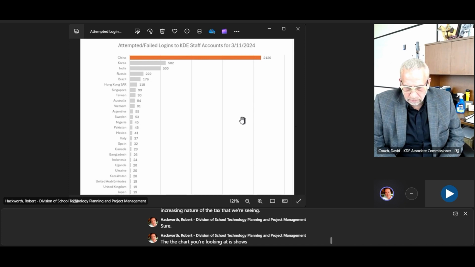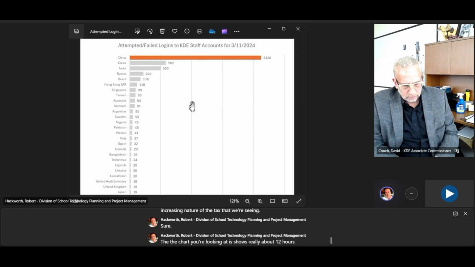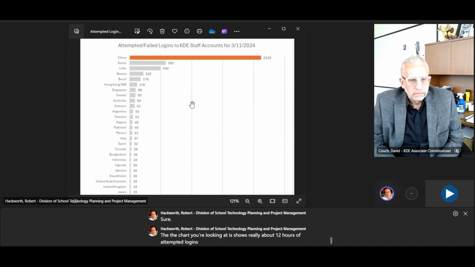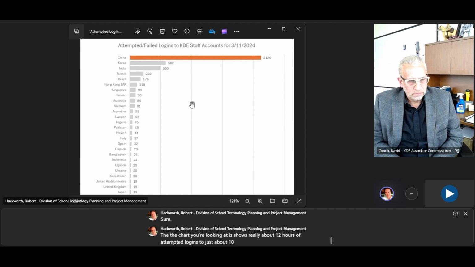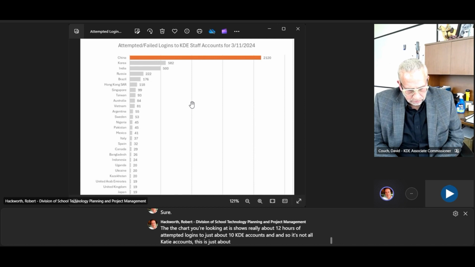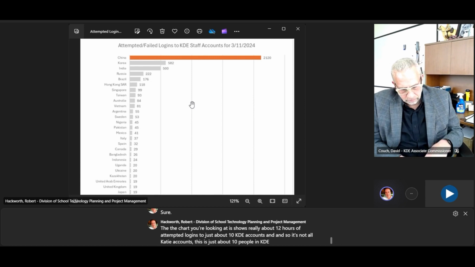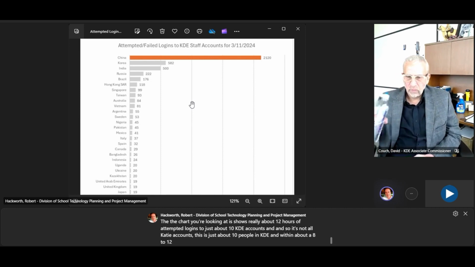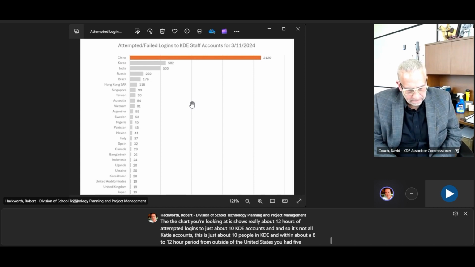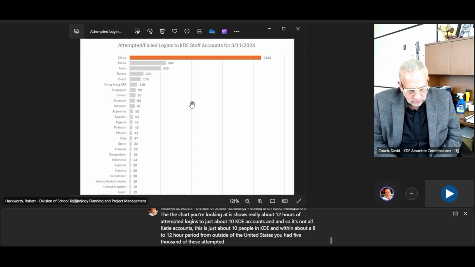Sure. The chart you're looking at shows about 12 hours of attempted logins to just about 10 KDE accounts. So it's not all KDE accounts. This is just about 10 people in KDE. And within about an 8 to 12 hour period from outside of the United States, you had 5,000 of these attempted logins.